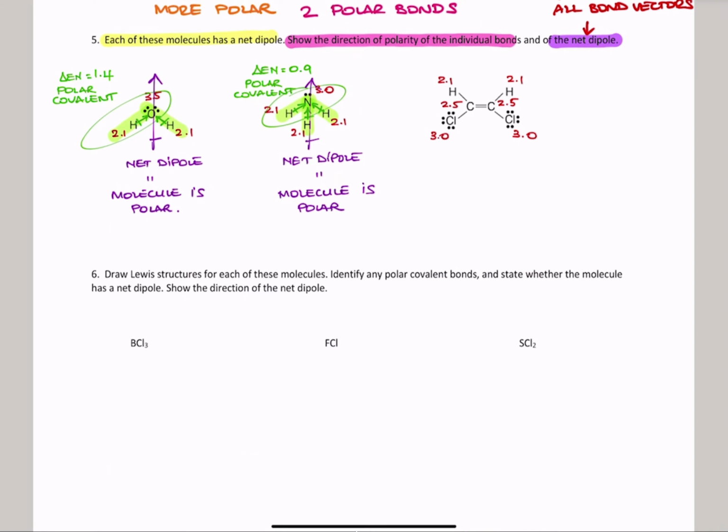Last one. We have different kinds of bonds. We have CH bonds. The CH bonds have a delta EN equal to 2.5 minus 2.1, so 0.4.